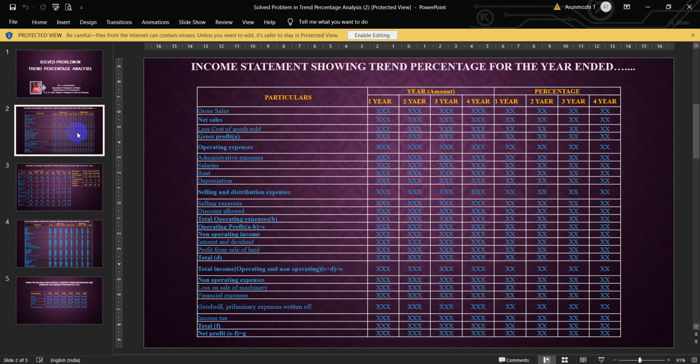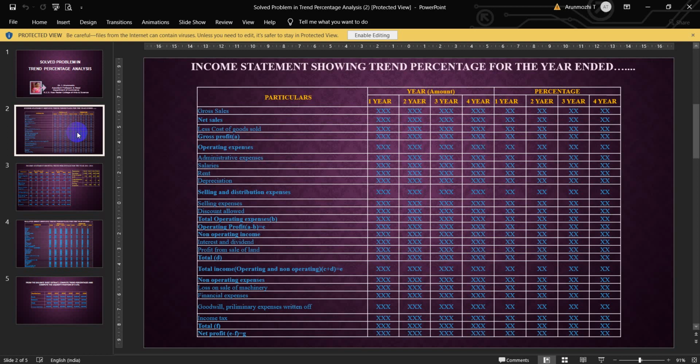The main advantage of trend analysis is that management can more readily study the changes in financial statements between periods by establishing a base year and relating other years to it. Hope you understood the meaning of trend analysis. Now I have given you the first format of income statement showing trend percentage for the year ended.